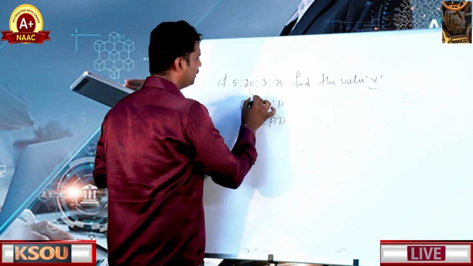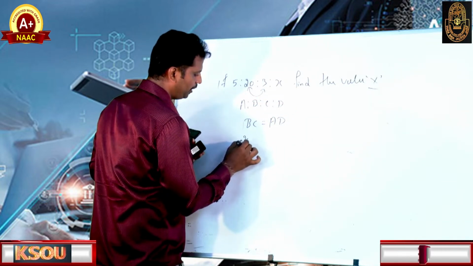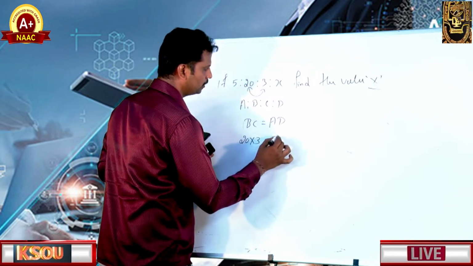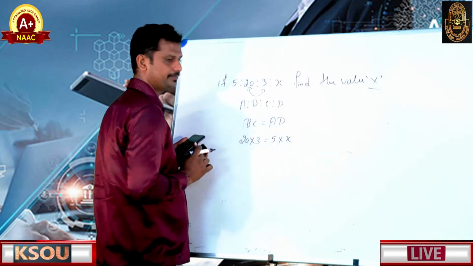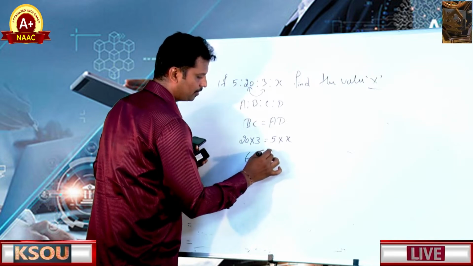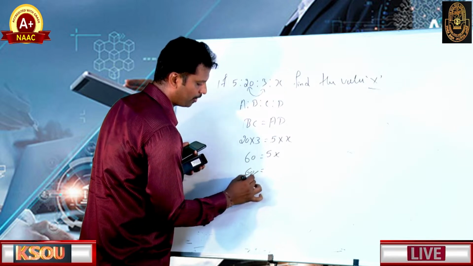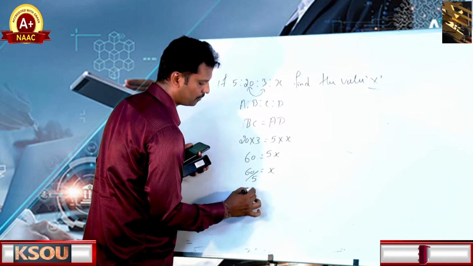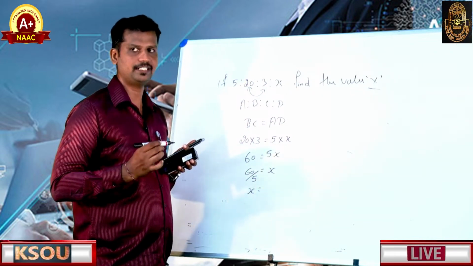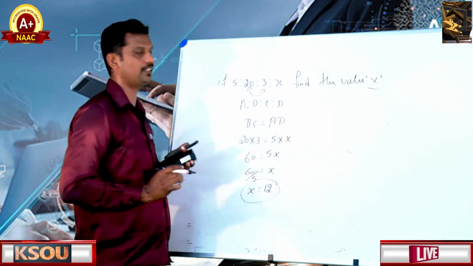So you should multiply these two. 20 into 3 equals 5 into x. What is 20 into 3? 60 equals 5x. Then 60 divided by 5 equals x. What is the value? The x value will be 12.